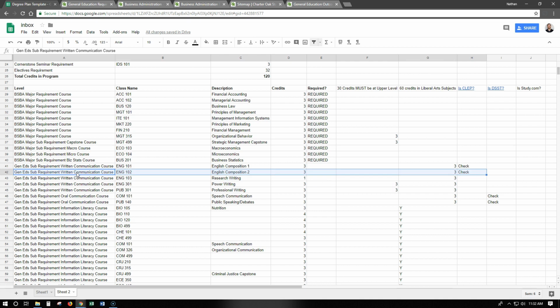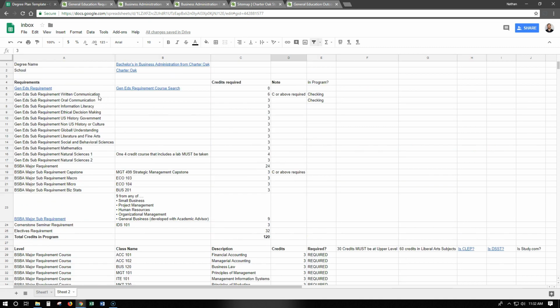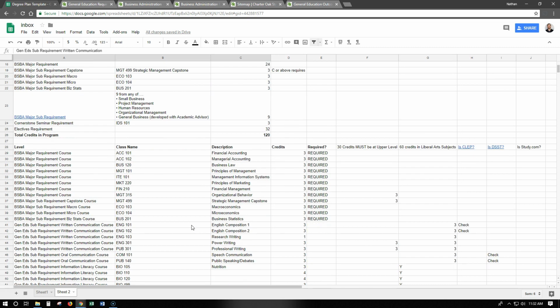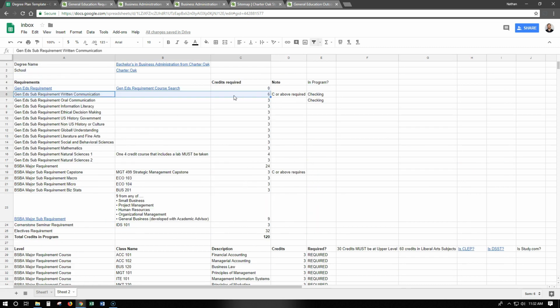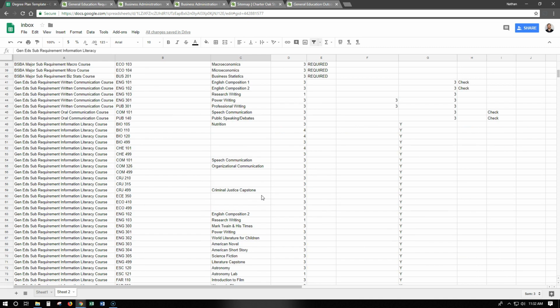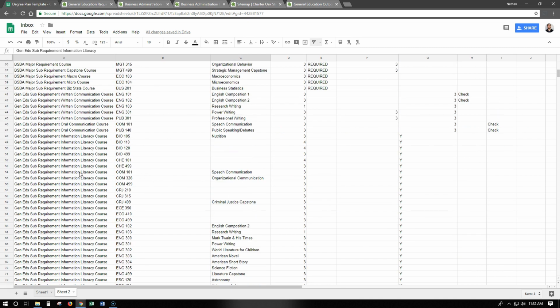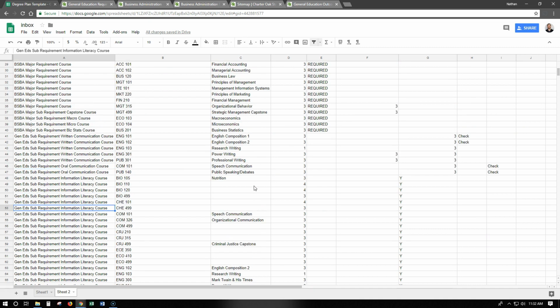So if this counts towards your Gen Ed sub requirement written communication course, 3 credits in this written communications requirement, just because you took that credit and it is in this requirement, it means that it cannot also be part of your information literacy requirement, even though it is available to be put in there. You cannot take a course one time and have it count twice.